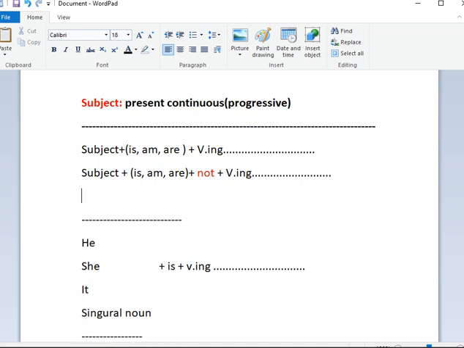So sometimes I want to ask, for example, a question with present continuous. So this is totally easy. We will just swap this one. In the place of the subject, we will write is, for example, is.